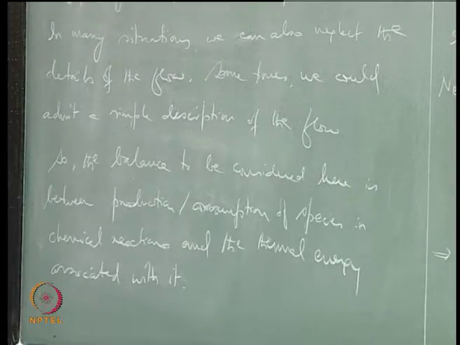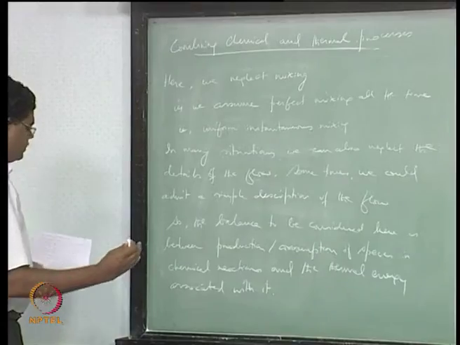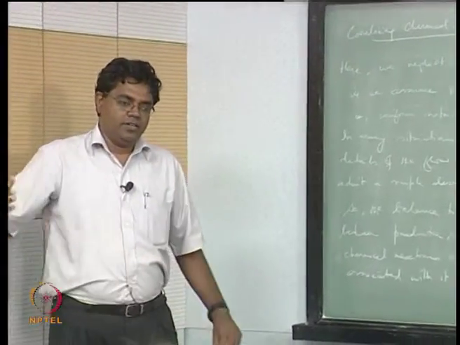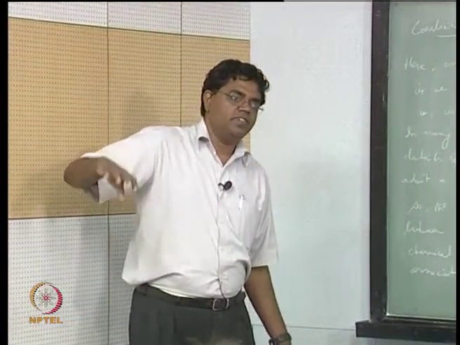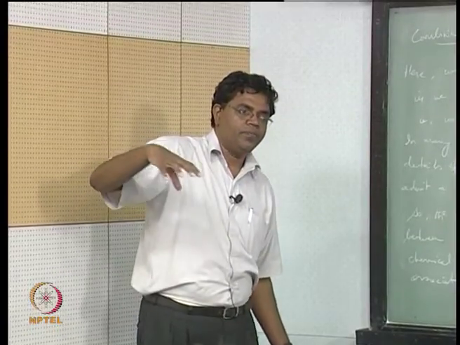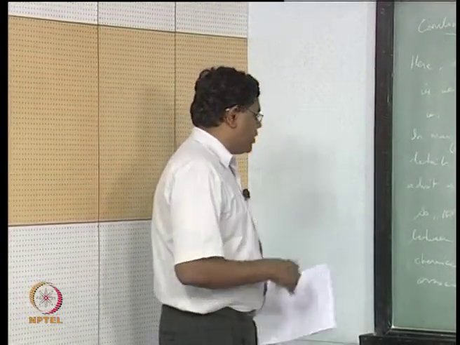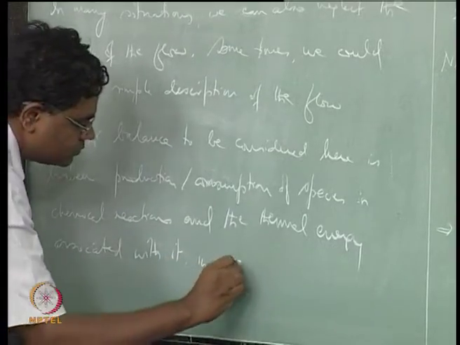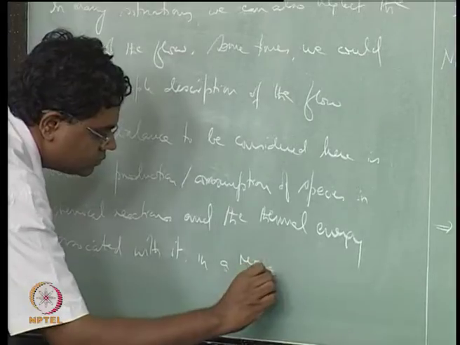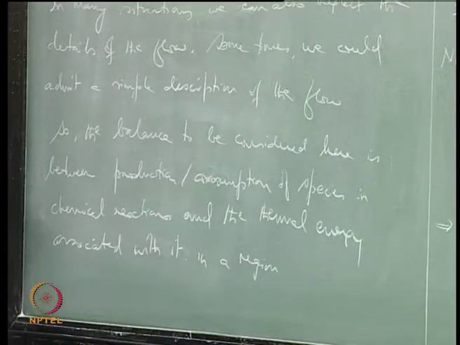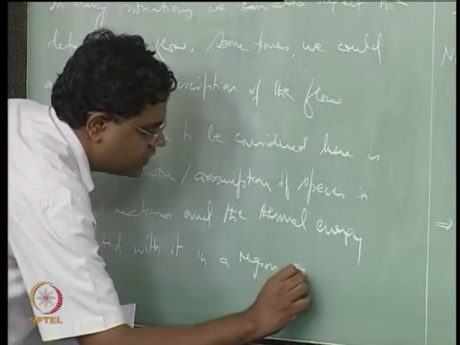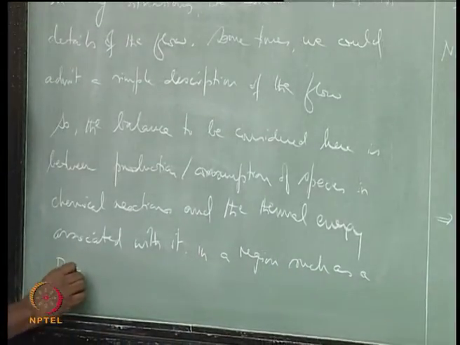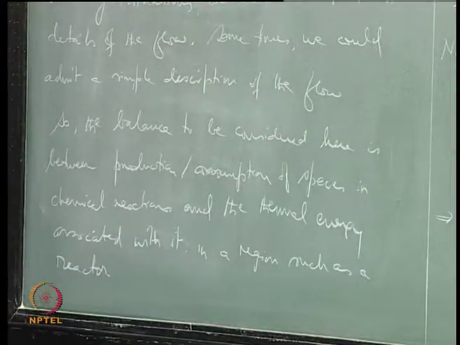Obviously we want to do this in a region that is meaningful. When you say you want to have instantaneous mixing, it's possible only in a small region. So we would want to confine our attention to a region such as a reactor.